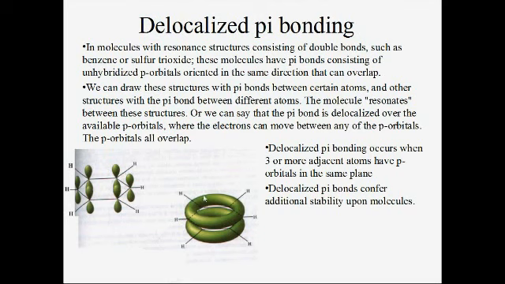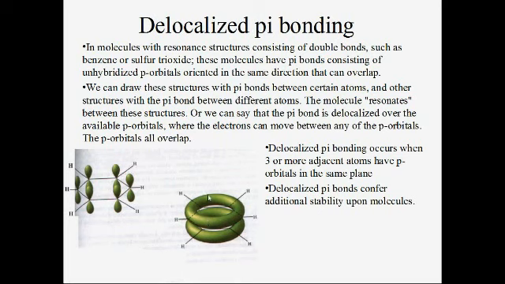But what it also really means is that these 6 p orbitals can overlap to form a delocalized pi bond around the whole ring. This creates additional stability. So the more delocalized bonding that we can get, the more stable the molecule becomes.